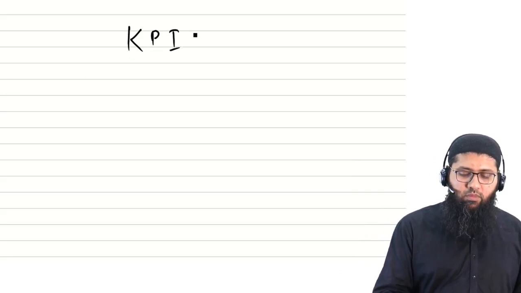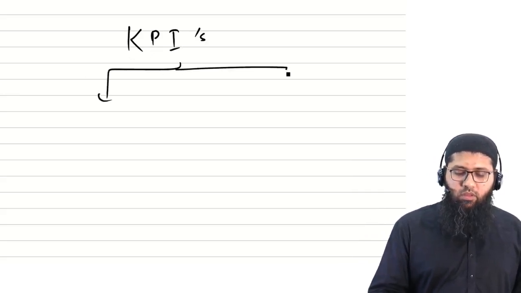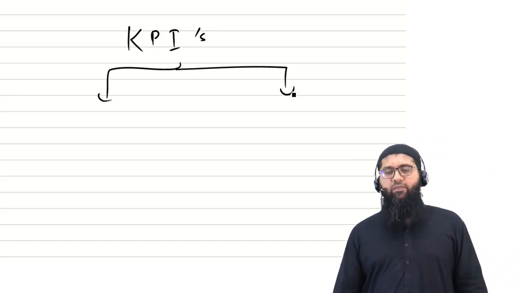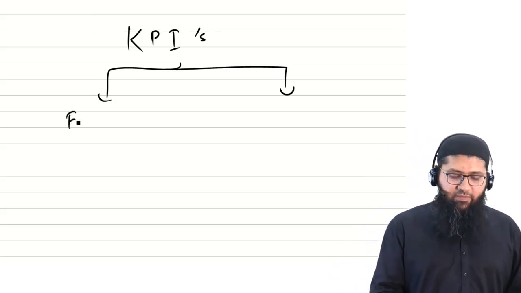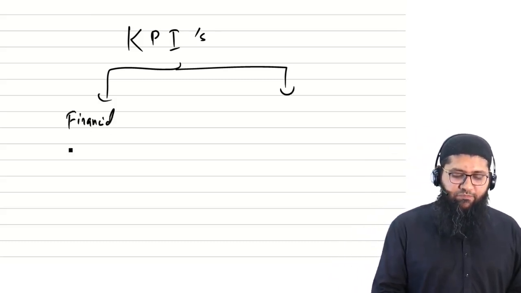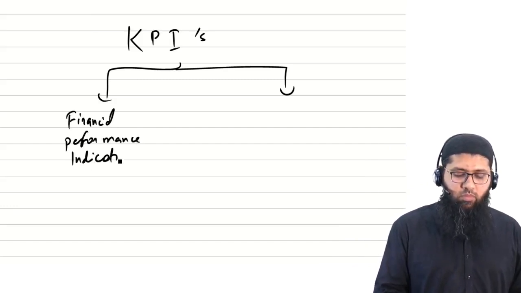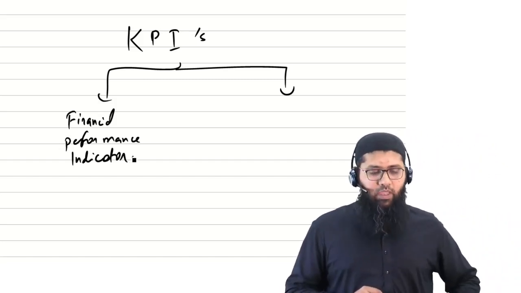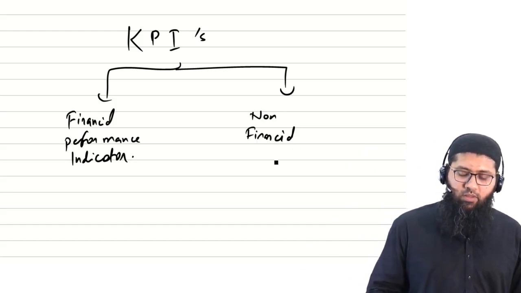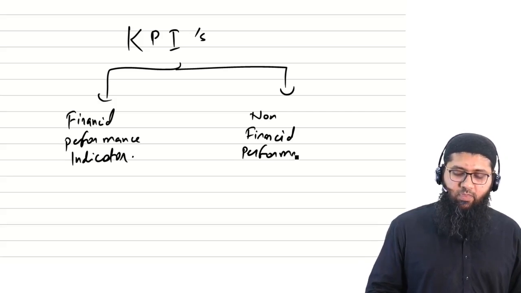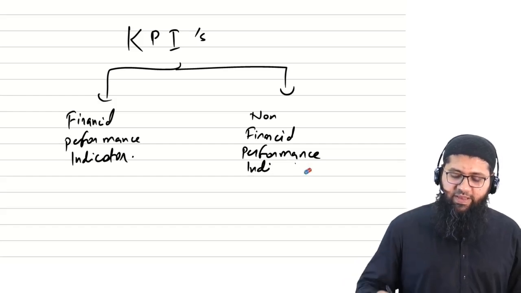When we talk about the KPIs, they are actually categorized into two things. One of them is the financial performance indicators, and the other one is non-financial performance indicators.